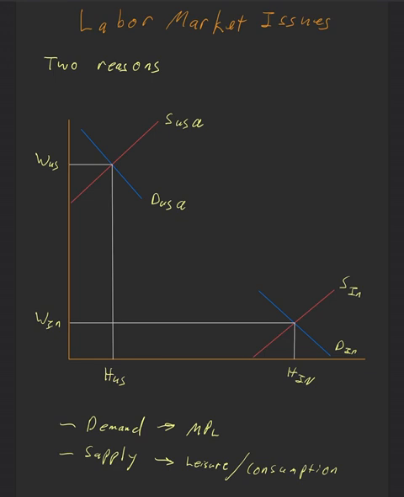The leisure that we have is important to us. But the demand is also high, and this is because the marginal productivity of a particular job in the United States is very high, and so they're willing to pay a lot for it.